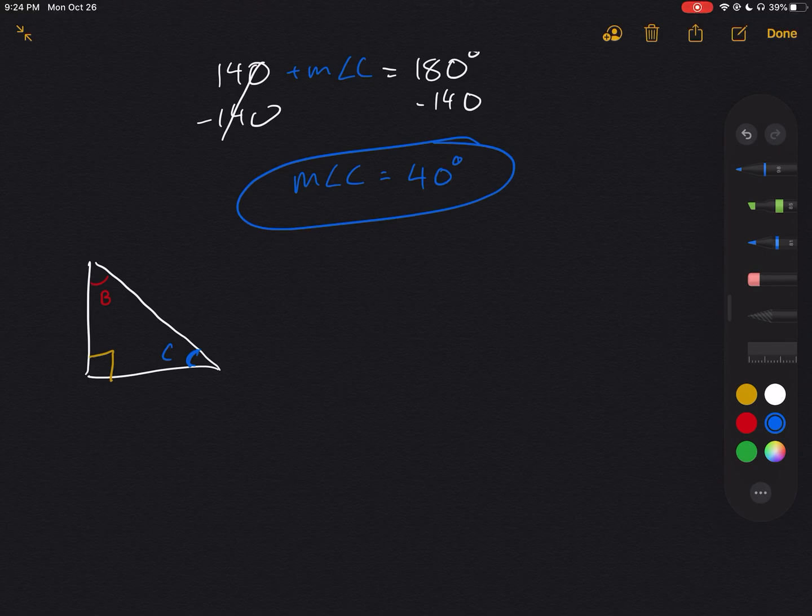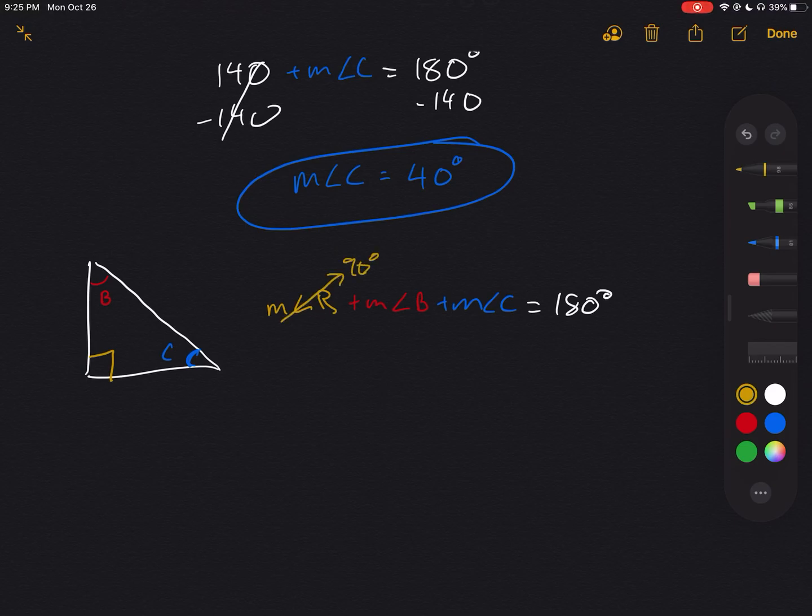So maybe I should write it all out. Measure of angle, I'm going to use R for right angle, plus measure of angle B plus measure of angle C equals 180. And we know that that's a right angle, so that's 90 degrees.